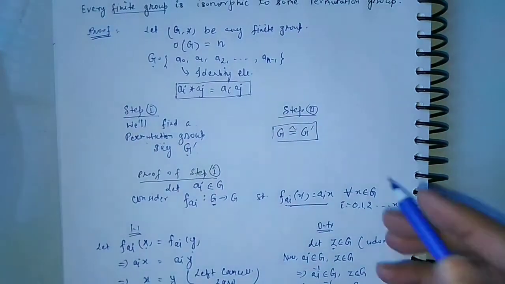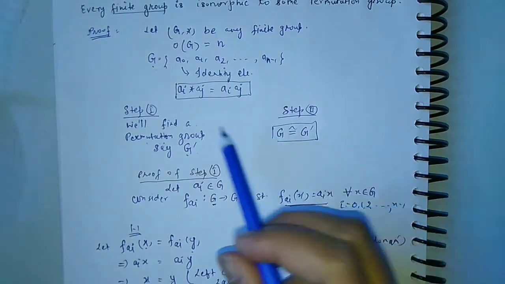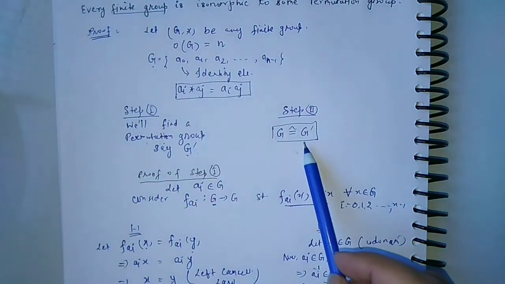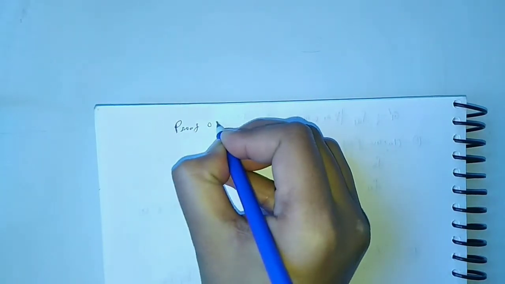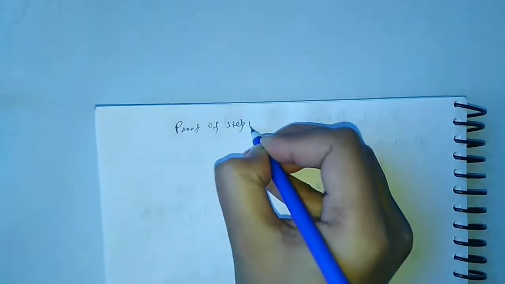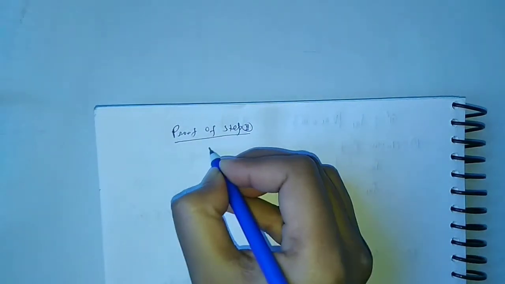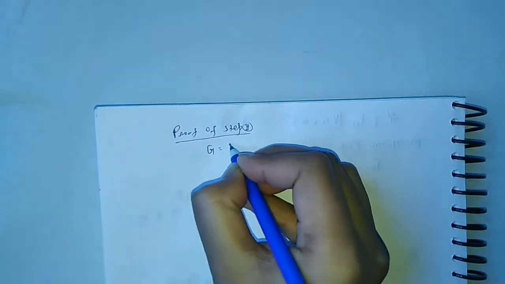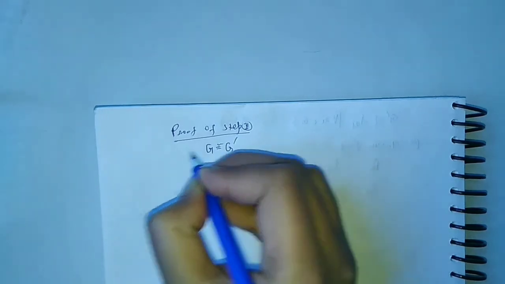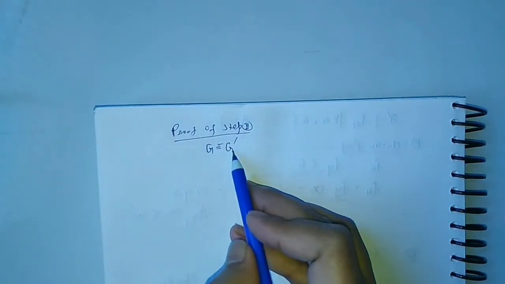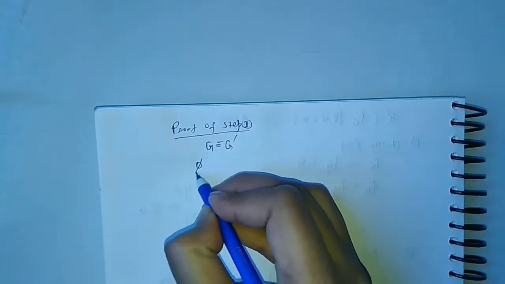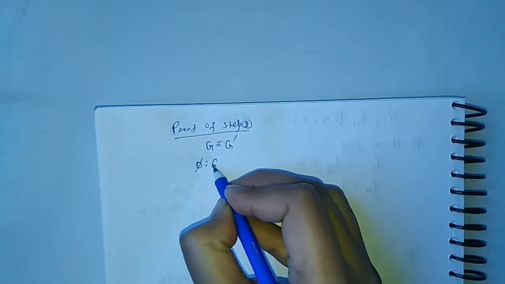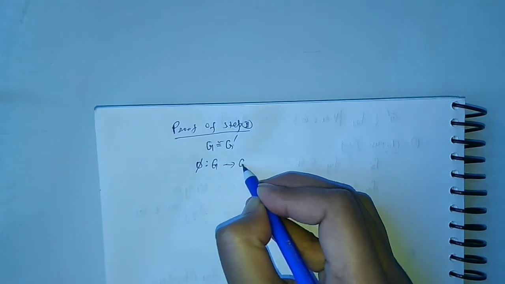Now we have to prove that our group G is isomorphic to this permutation group G dash. Proof of our second step, that is, we have to prove that our group G is isomorphic to the permutation group G dash. So first, let phi be any function from G to G dash.